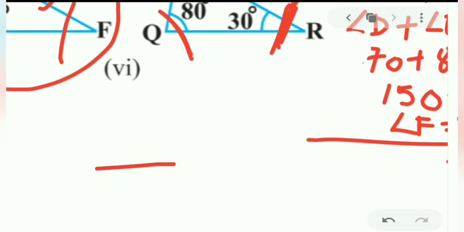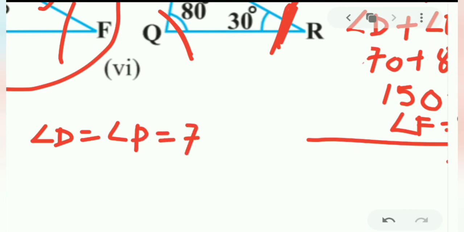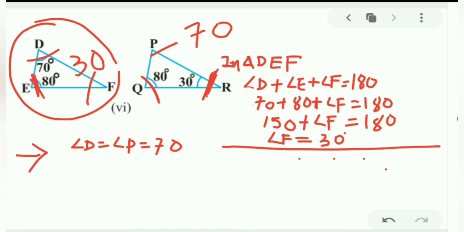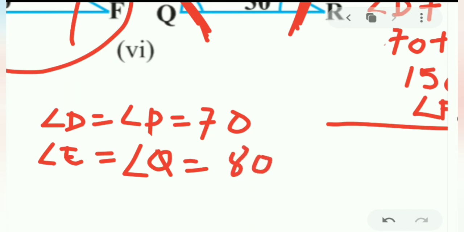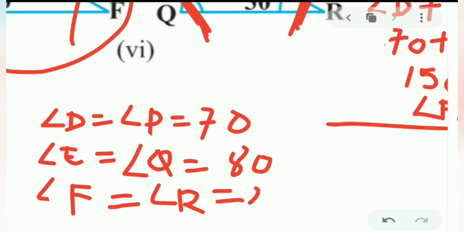Angle D is equal to angle P, and that will be 70 degrees. Then angle E is equal to angle Q, and that will be 80 degrees. And last we compare angle F is equal to angle R, and that will be 30 degrees.